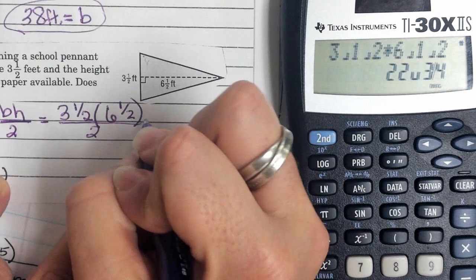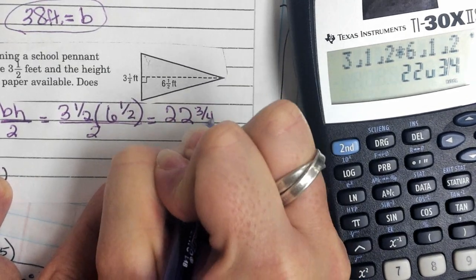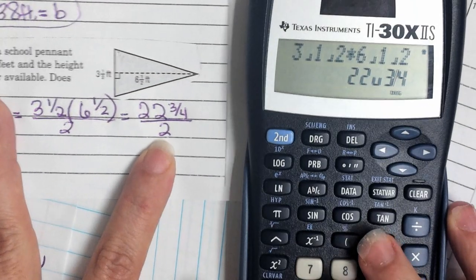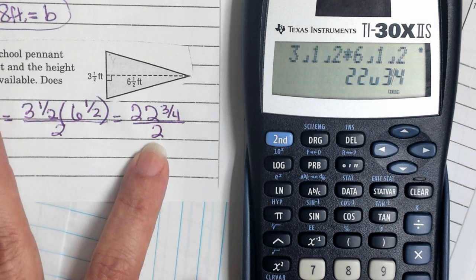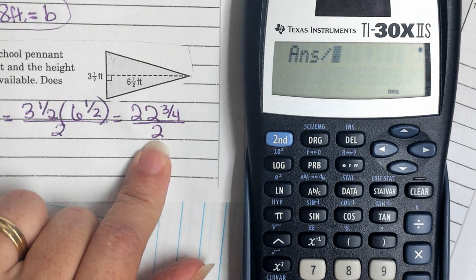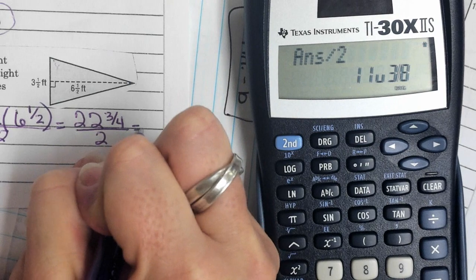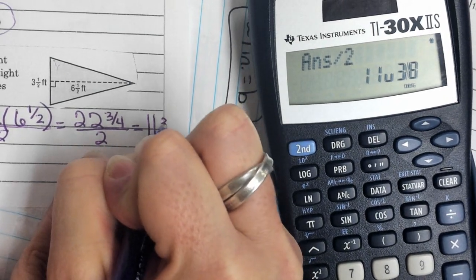So my top is 22 and 3/4. That's right. The last step is we still need to divide by 2. So the final answer is 11 and 3/8.